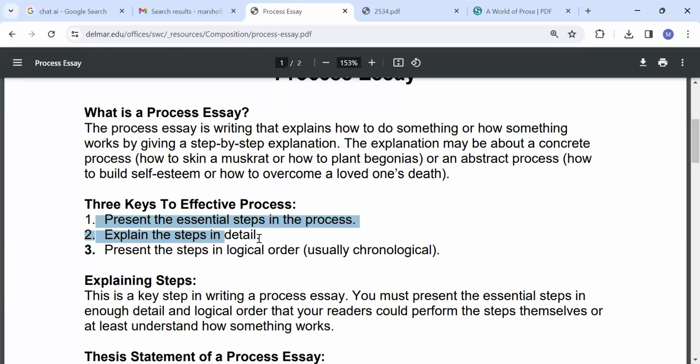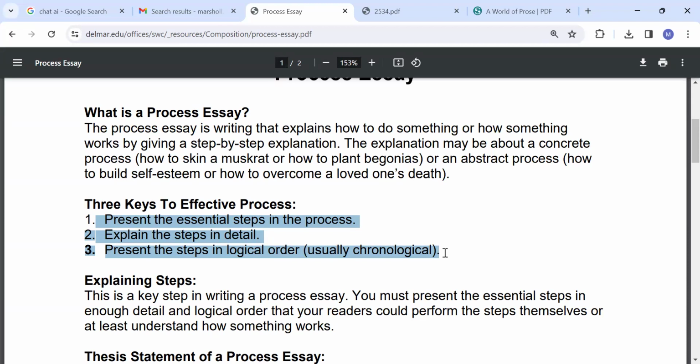So it presents the essential steps and it explains these steps in detail. And then we have to make sure that those steps that are presented are in a logical order, or the order in which they should follow, if you want to use that term.